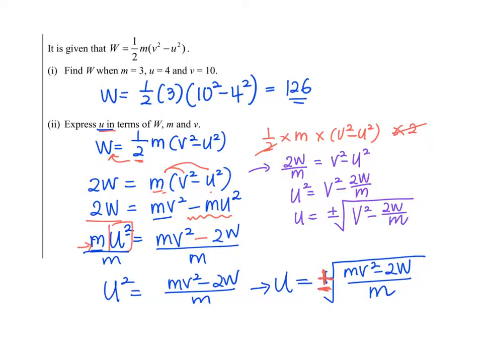We actually have the same answer as this. The only difference is that this was not a single fraction, but we have a single fraction over here. Okay, have you gotten the concept?